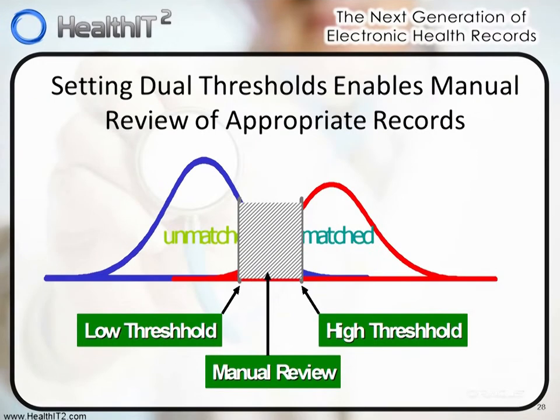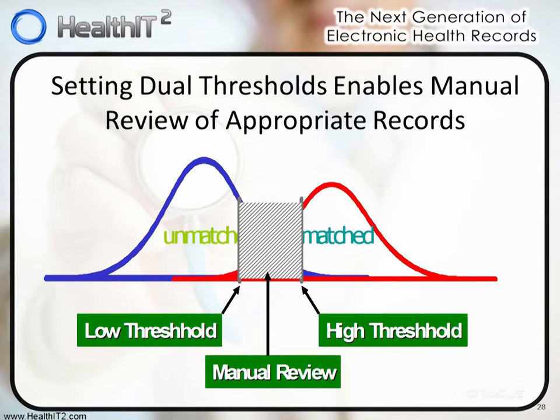Instead, what we do in OHMPI is we put in two thresholds, a high and a low. And essentially what you can see here is we've now replaced that area of statistical error with a manual review phase, or a manual review process.